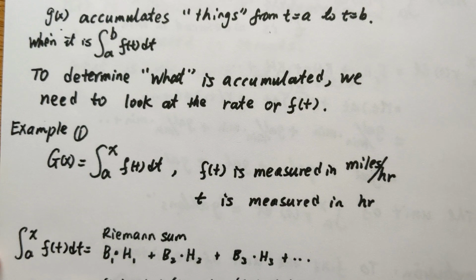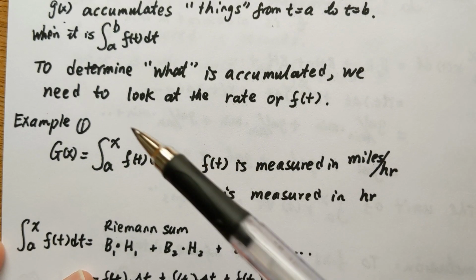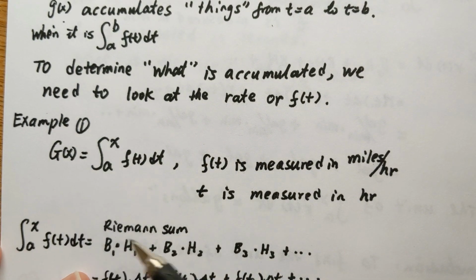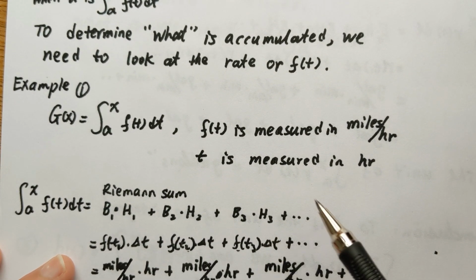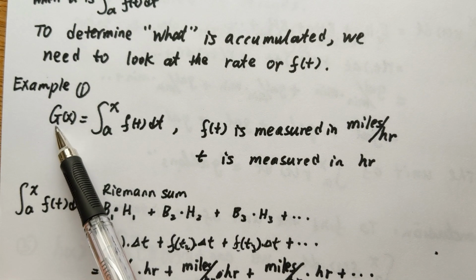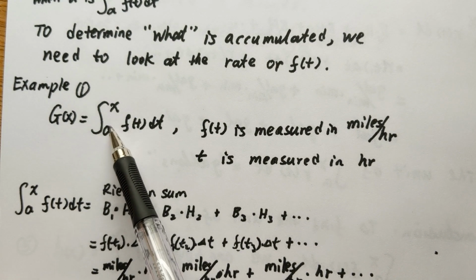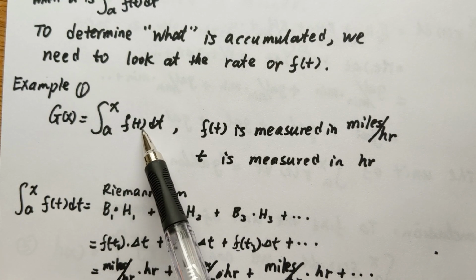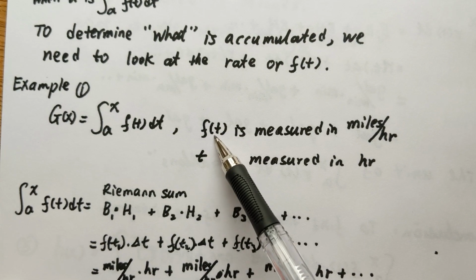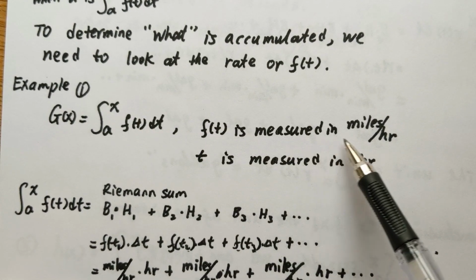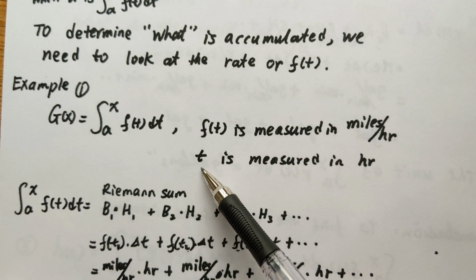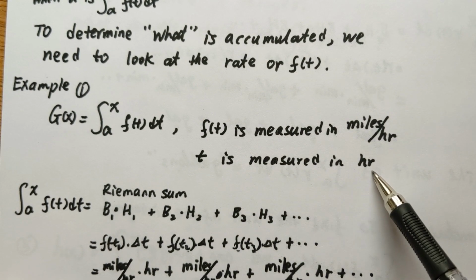So now let's take a look at example number 1. We have g of x equal to the integral from a to x of f of t dt. The integrand f of t is measured in miles per hour and t is measured in hours.